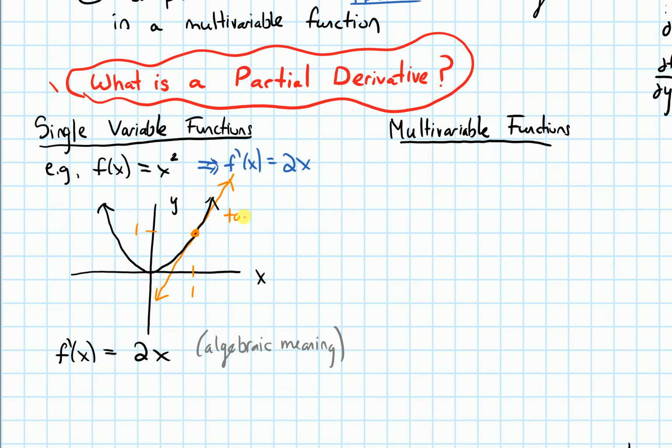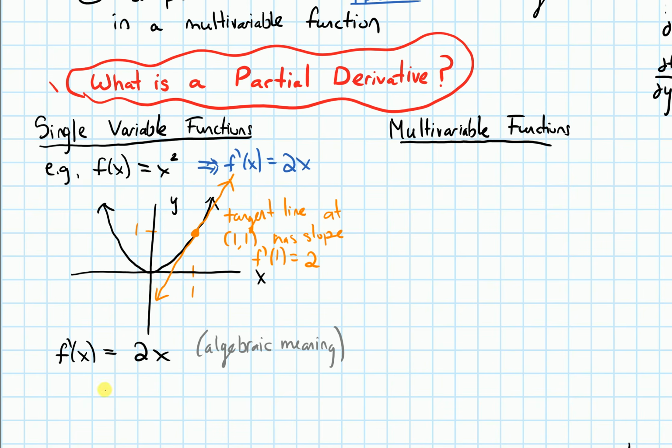Okay, so that's the tangent line at the point 1, 1, and it has slope f prime of, and I'm going to plug in the x value, which is 1, f prime of 1, which is 2. So the slope of this tangent line is 2.